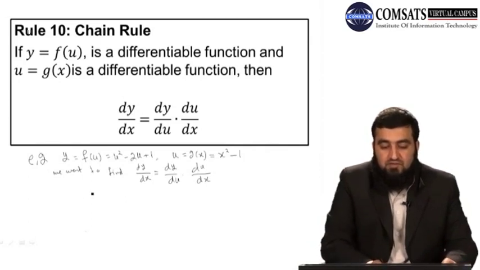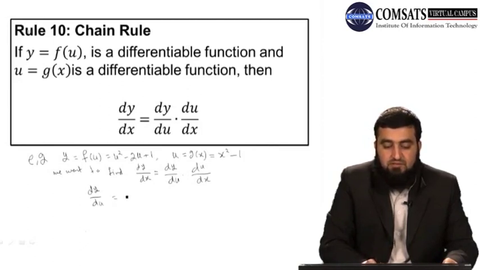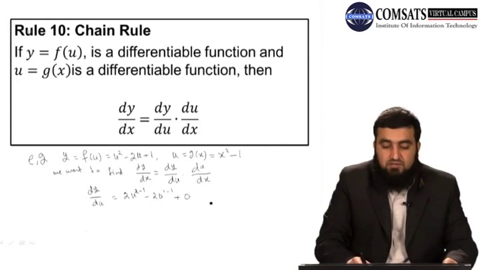So first you compute dy by du. So dy by du होगा आपके पास 2u to the power 1 minus 1 minus 2 into u to the power 1 minus 1, plus the derivative of constant function is always 0, so this is 0.